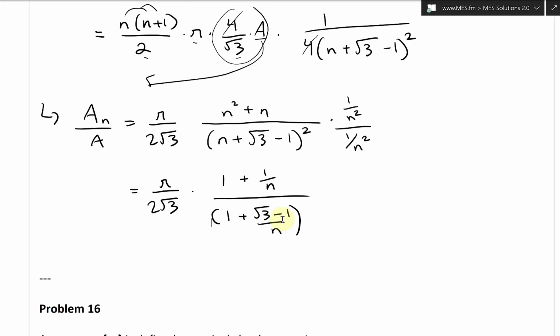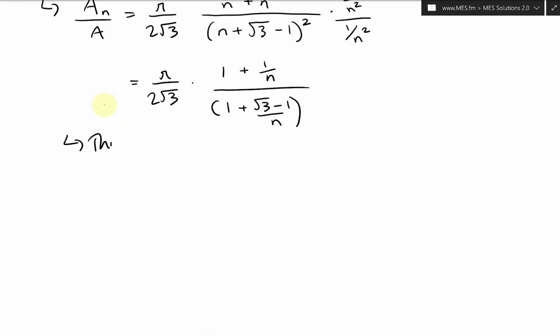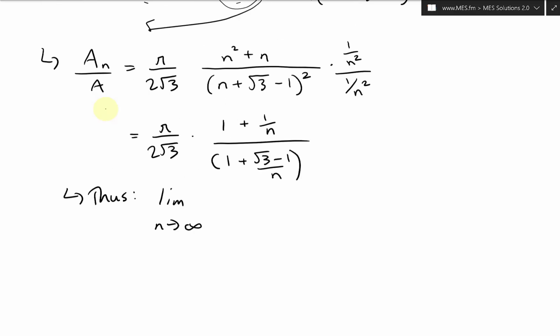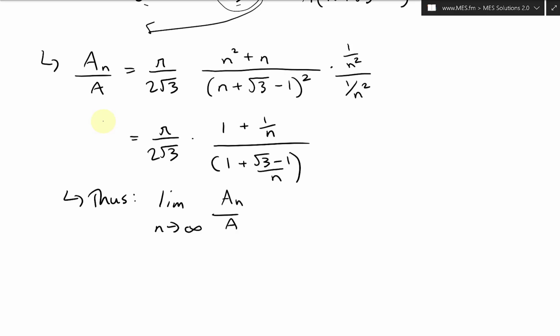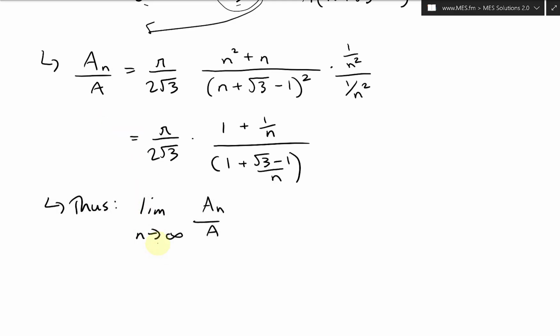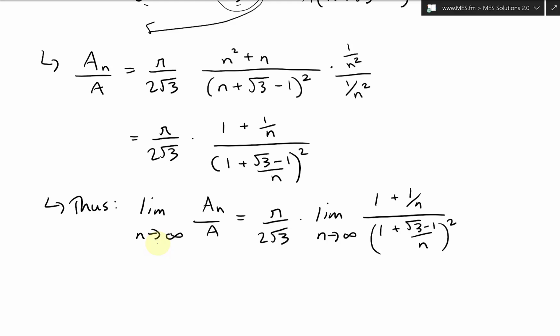All right, and now we can take the limit. So the limit as n approaches infinity of the ratio A_n over A equals, putting the pi over 2 square root 3, the constant, out of the limit, the limit as n approaches infinity of 1 plus 1 over n over 1 plus square root 3 over 1, and this is all squared, over n squared, like that.